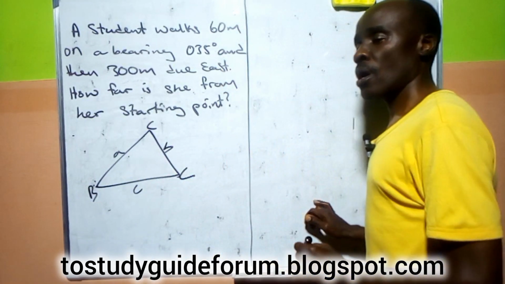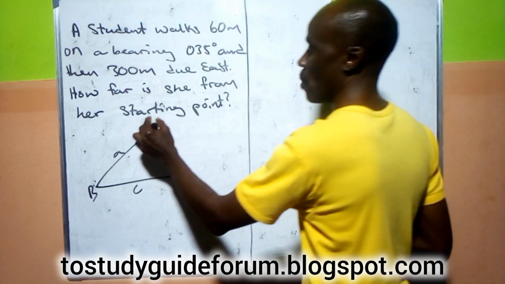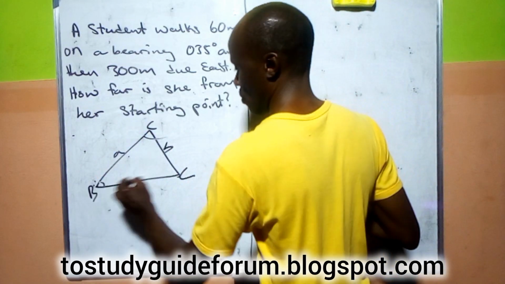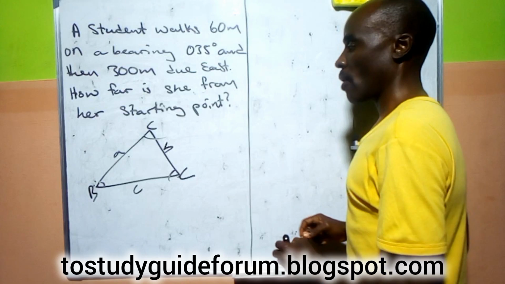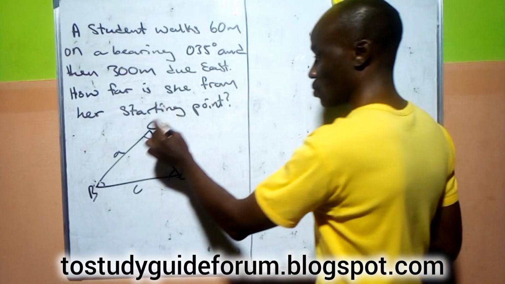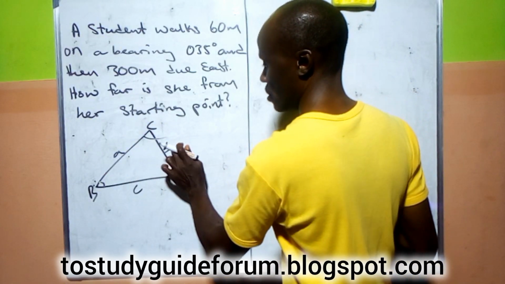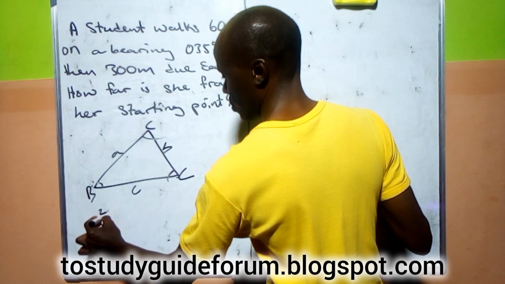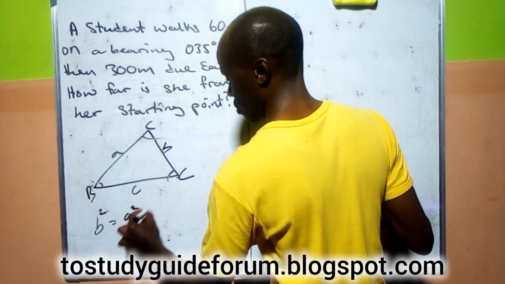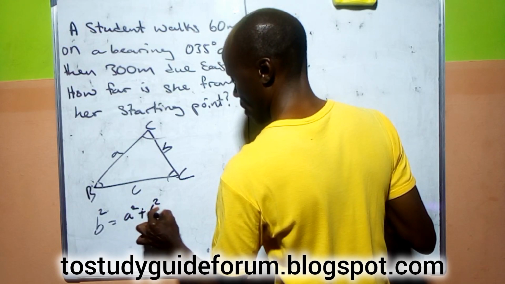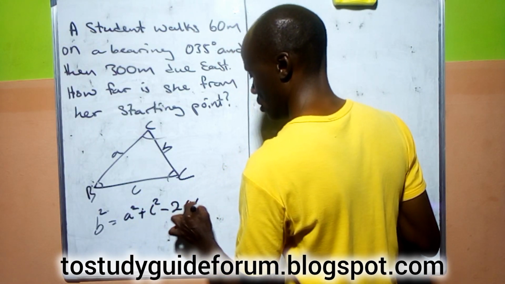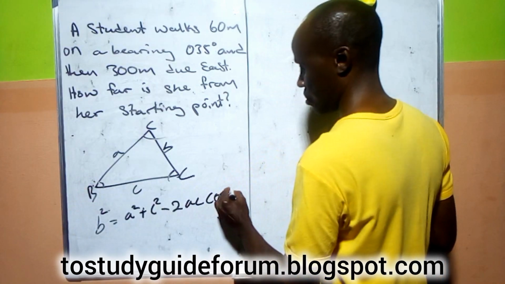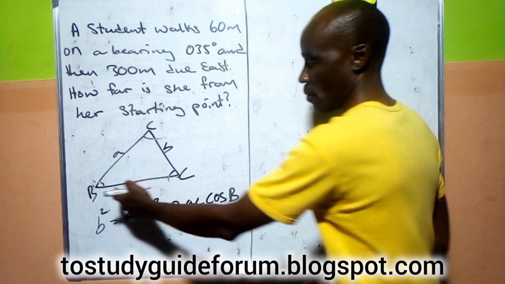According to the cosine rule, when you have a triangle of this type, with this angle, angle, angle, to find the value of this side, side b, b squared is equal to a squared plus c squared minus 2ac cos B, the angle.